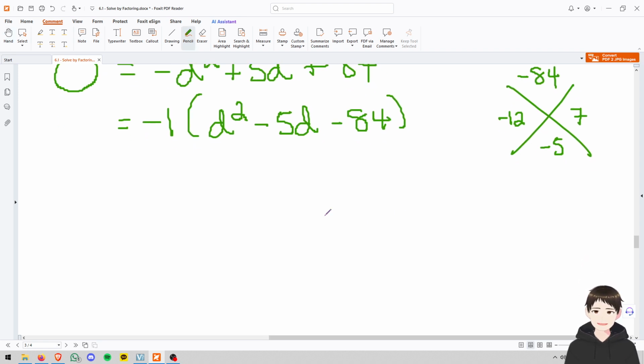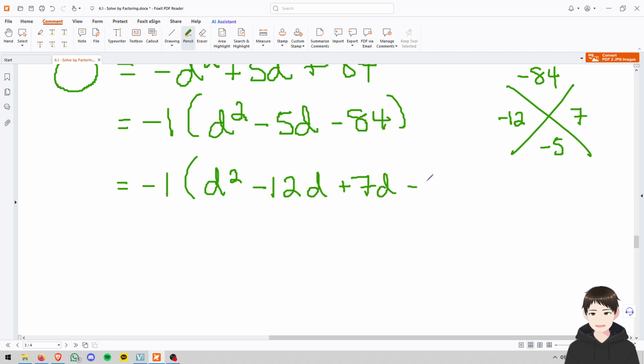Some of you might be thinking, are you going to get into big numbers like that? My answer is yes. At this point in time, you have enough practice with small numbers. It's about time you buck up and prepare yourself for larger numbers because the process is still the same.